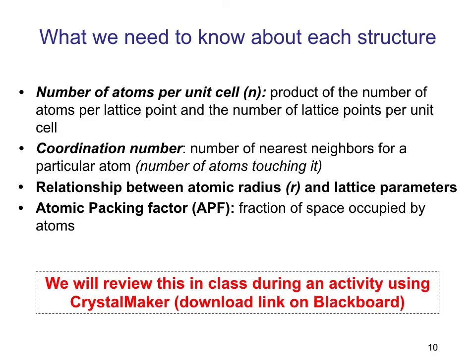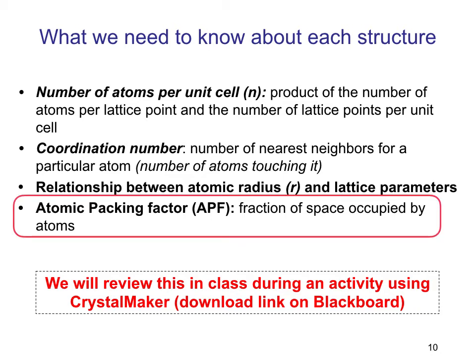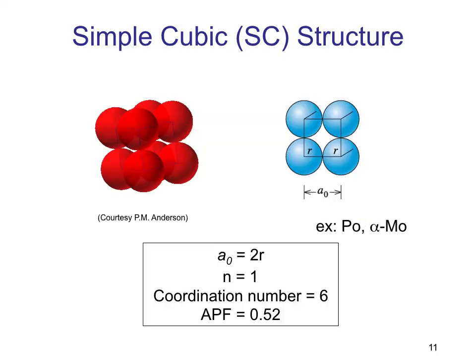There are some important characteristics and parameters about each of the 4 metallic structures that we will discuss in class in more detail. For the purpose of this video, the most relevant one is the atomic packing factor, APF, which represents the fraction of a cell that is occupied by the atoms. The following slides provide a short introduction to the main structures found in metals.